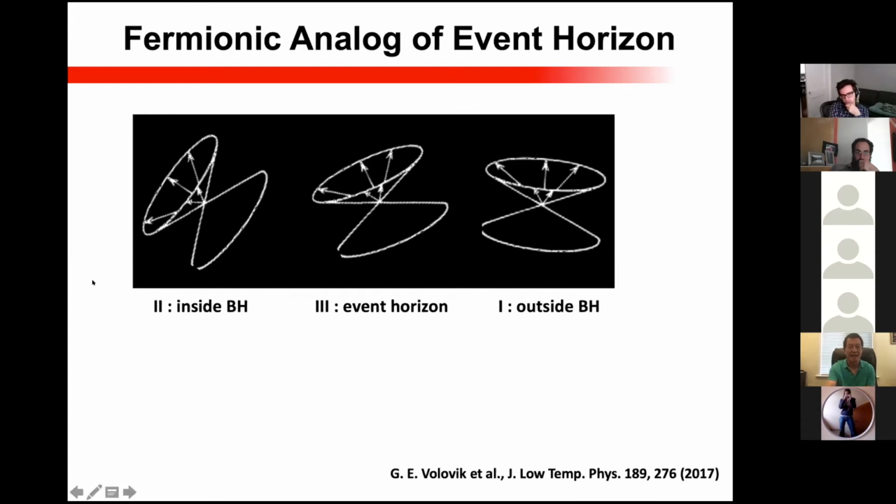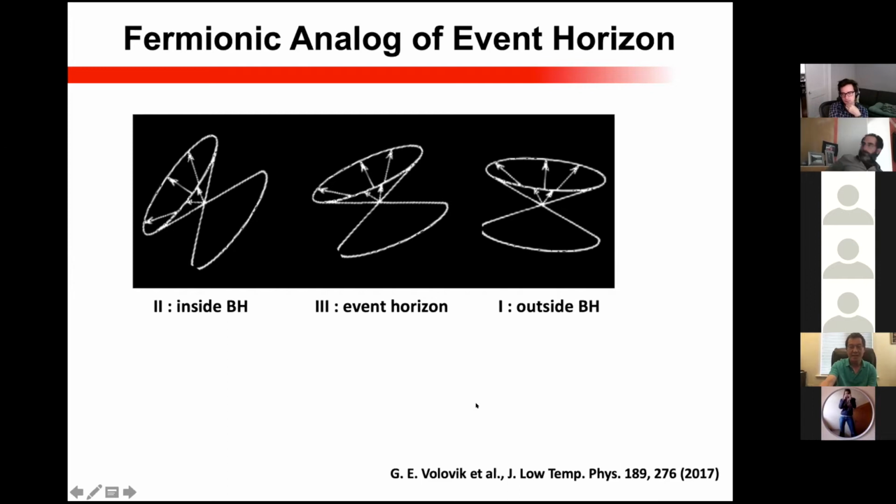Basically, inside the black hole, the light cone looks like this, and at the event horizon, in the middle, it looks like this, and outside the black hole it is an upright light cone shape, right? For that reason, the velocity outside is lower than the speed of light and faster than the speed of light inside.